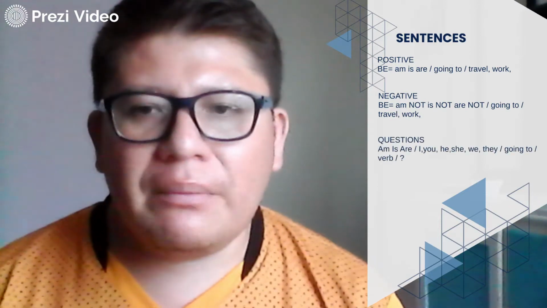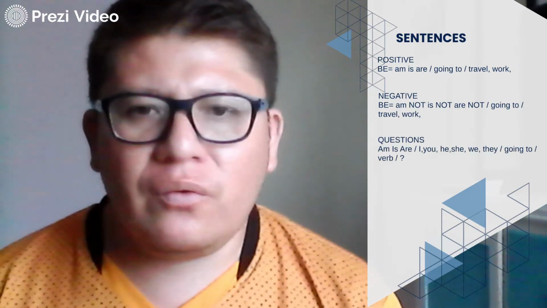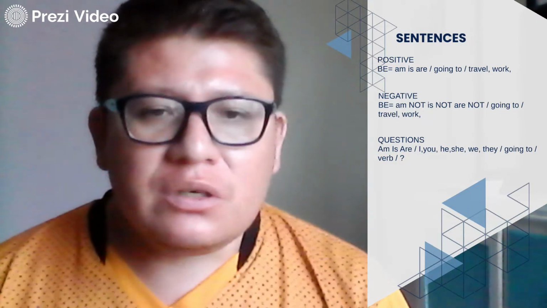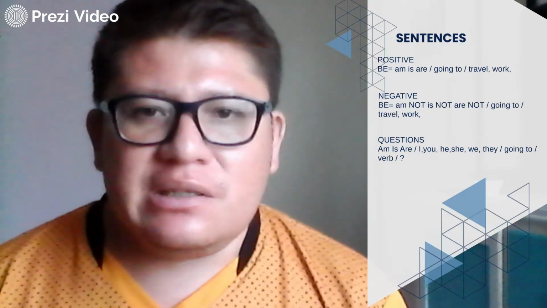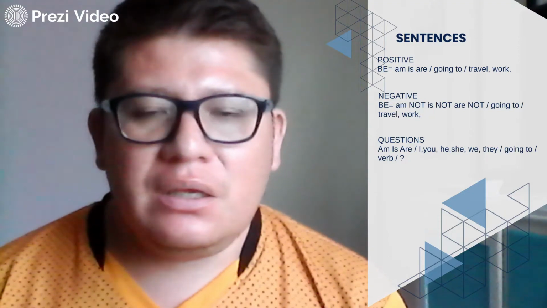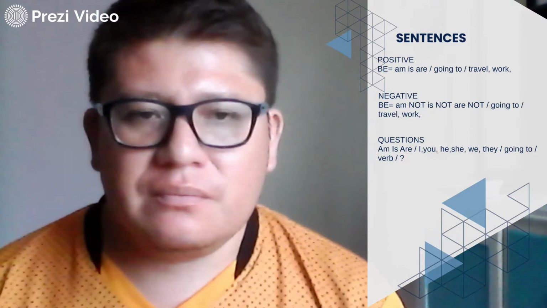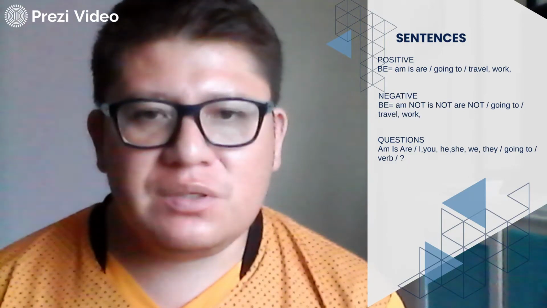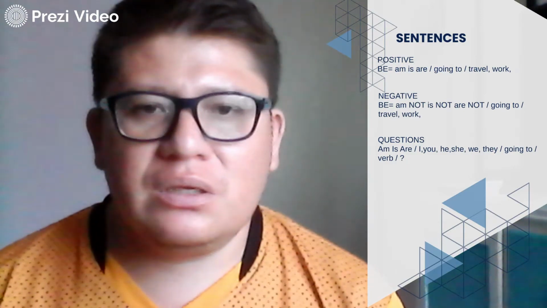And what about questions? How do you form questions for plans? The order to make questions is this: is or are at the beginning. Then you continue with the subject, any kind of subject: I, you, he, she.